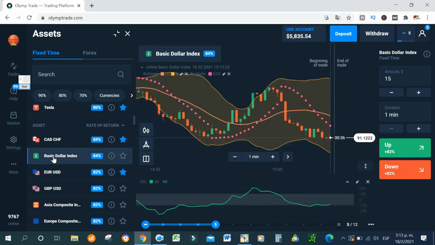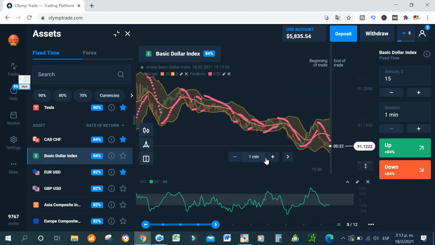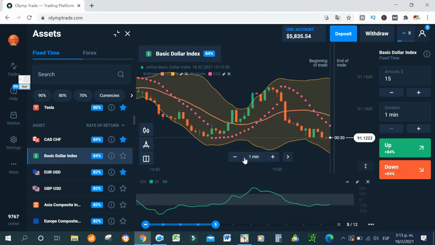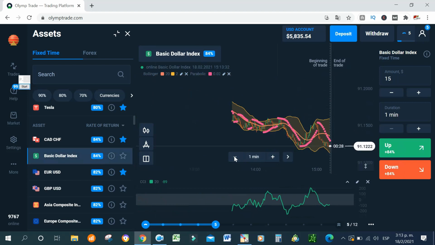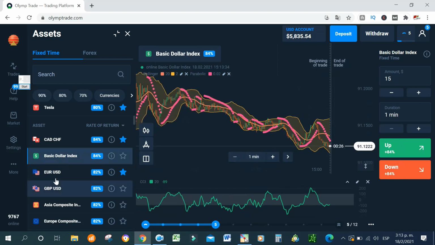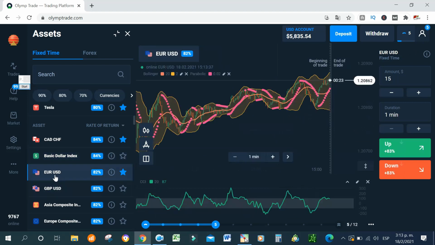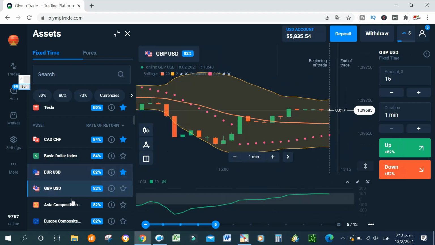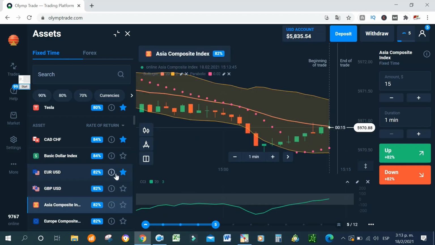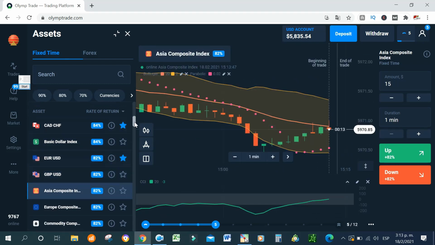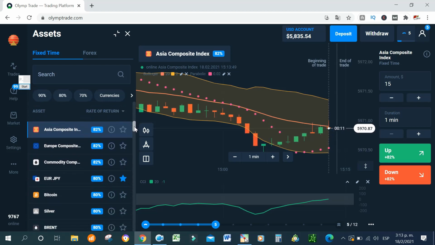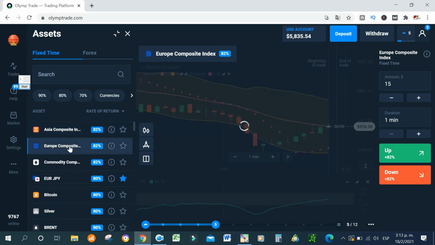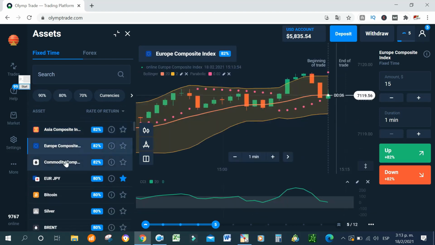We have the basic dollar index. They are good to trade, but we need to see the market condition for this kind of asset. I'm just trying to picking up an opportunity in one of these asset, so you can see how this strategy work.